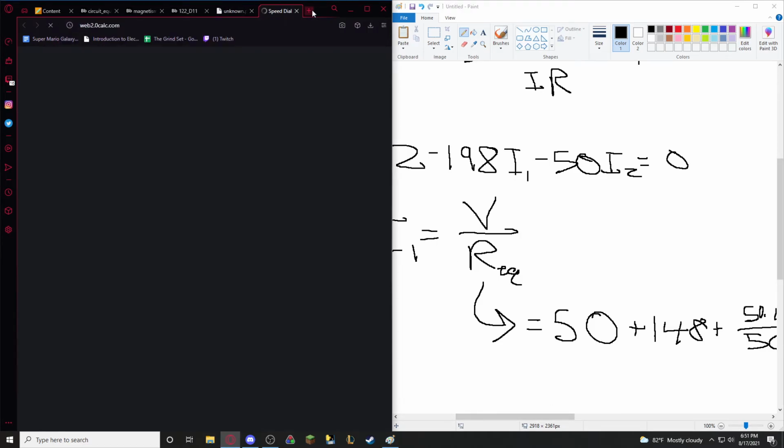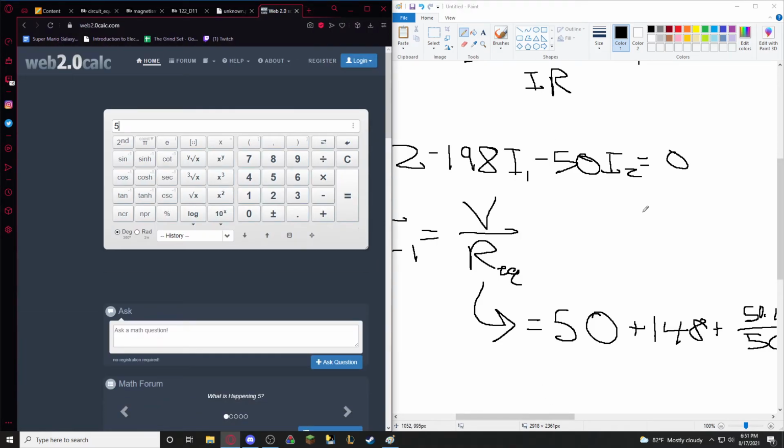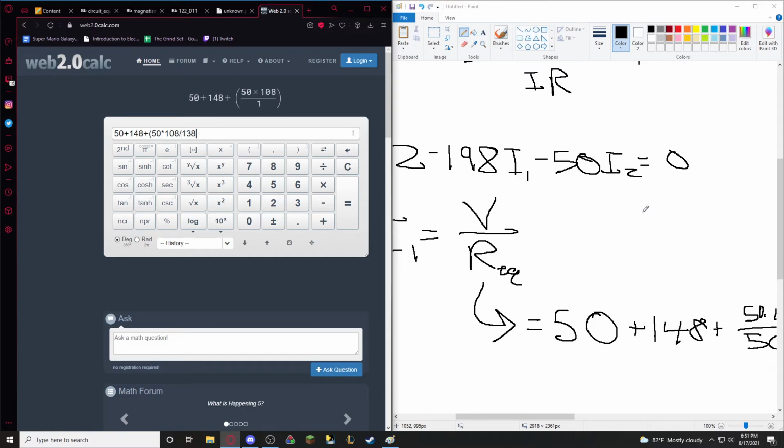So let's use a calculator here. 50 plus 148 plus 50 times 108 over 158. We get a total resistance of about 232 ohms, 12 volts divided by that.